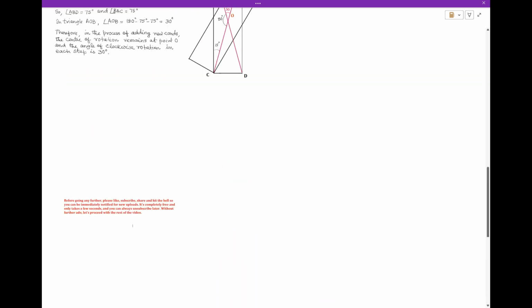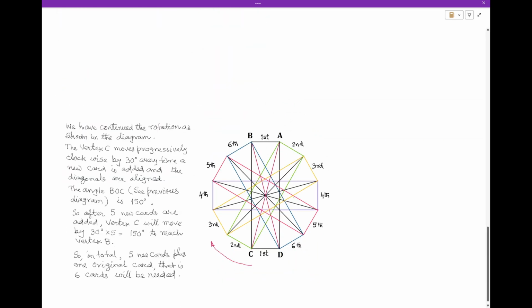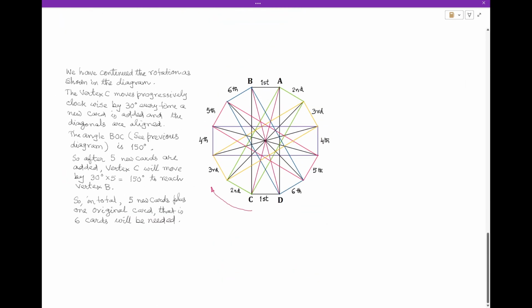That is, this angle BOC. Since this is 30°, this angle has to be 150°. So, after 5 new cards are added, the vertex C will move by 30° into 5, that is 150°, to reach vertex B.